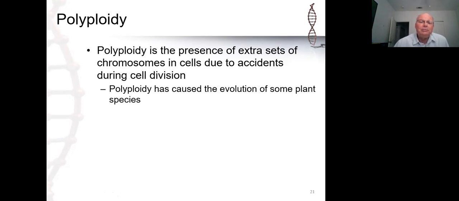Plants tend to be a little bit more genetically forgiving when changes in chromosome numbers occur. So the situation is known as polyploidy, and polyploidy refers to the fact that there is a non-disjunction event during meiosis that leads to the failure to separate amongst all of the homologous pairs of chromosomes during anaphase 1 of meiosis 1.